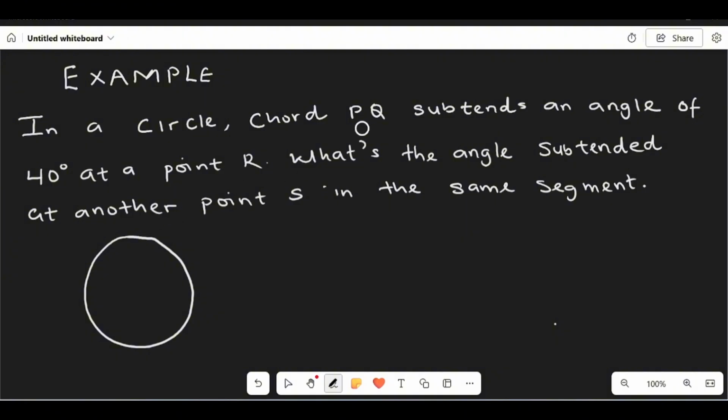Let us say our chord PQ is this. Let us say this is our point R. Let us join PR and RQ.